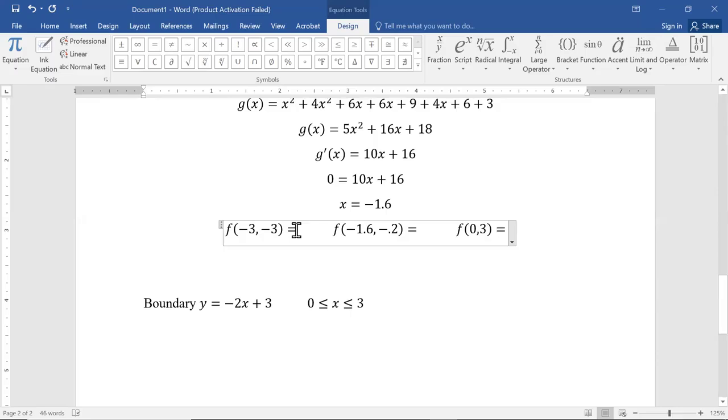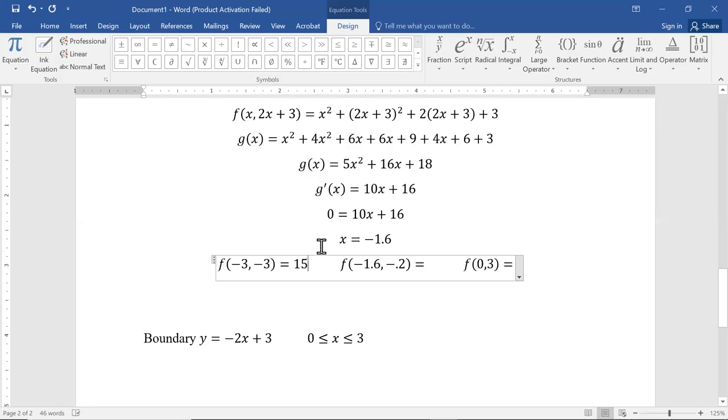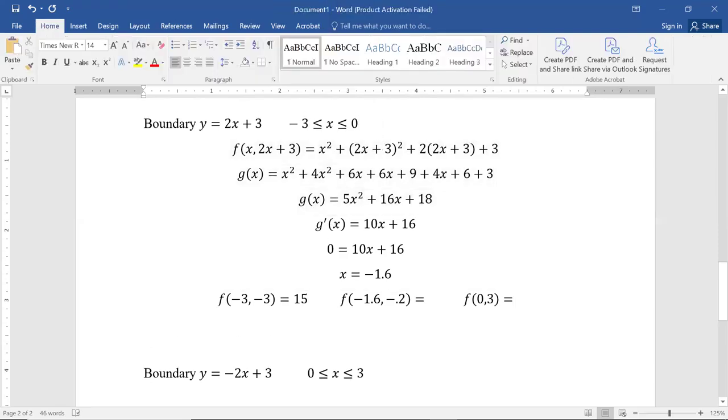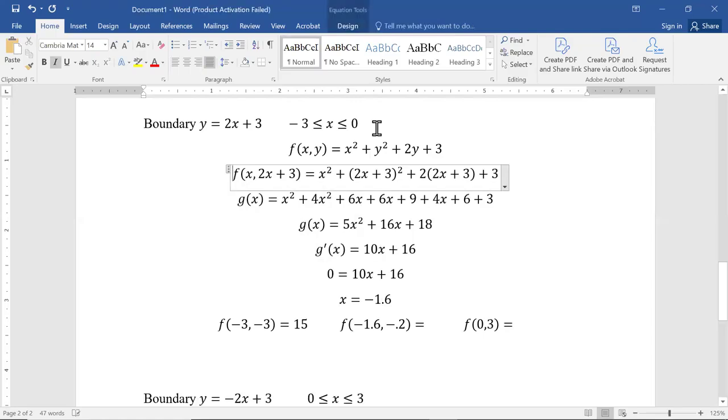So I know that is going to be a 15 because of earlier work. Remember, my original function was x squared plus y squared plus 2y plus 3. So if I plug in negative 1.6, negative 0.2 into that, I will get negative 1.6 squared plus negative 0.2 squared plus 2 times negative 0.2 plus 3. That gives me a 5.2.